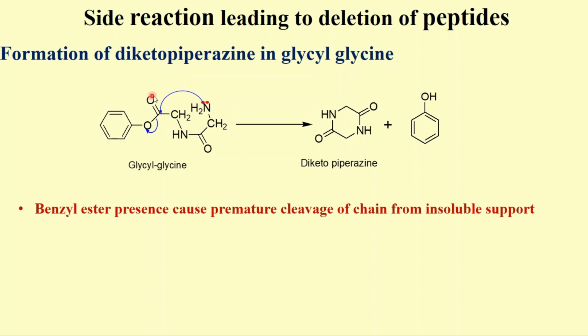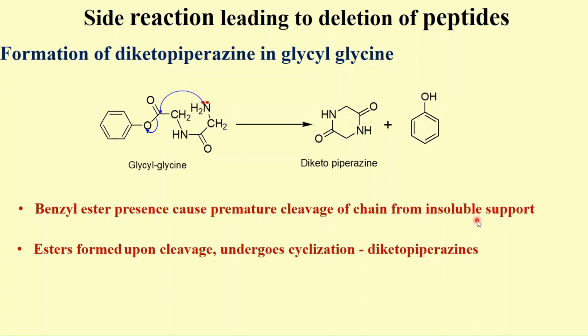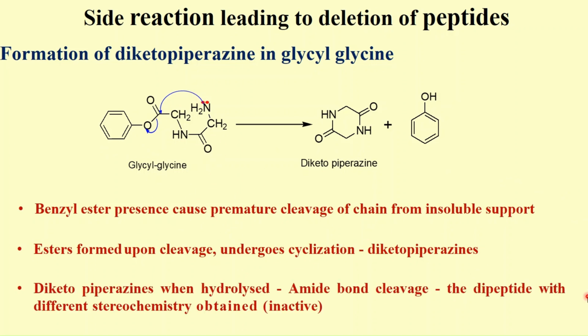The benzyl ester generally undergoes premature cleavage of the chain from the insoluble support. And these esters which are cleaved from the insoluble support prematurely undergo cyclization to give diketopiperazine.